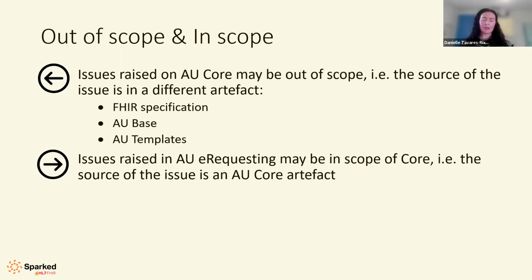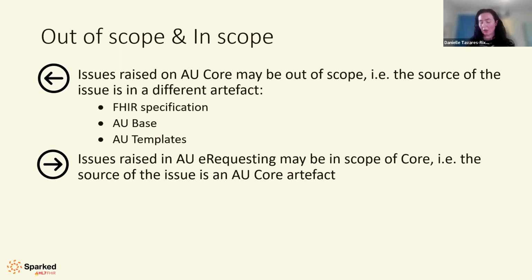If it's a HL7AU item, and it's viewed to be out of scope, the AU Core co-chairs will pass that on to the co-chairs responsible for the other one. So for AU base, for example, the AU Core co-chairs have to, within the first couple of weeks of ballot closing, send an email to the FHIR workgroup co-chairs and say, here's all the issues that were raised during the Core one, but we think they're base.